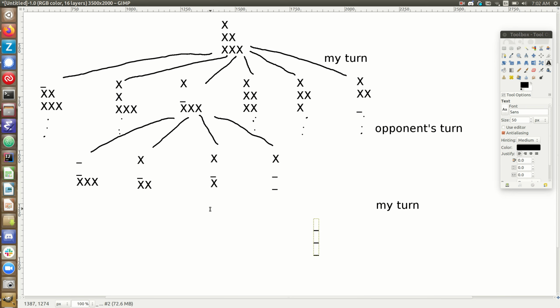This one's got 2 children, one where I take from the first row, and one where I take from the second row. I'm sorry, from the third row.